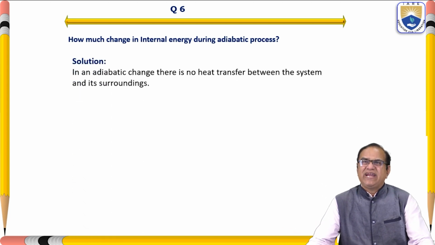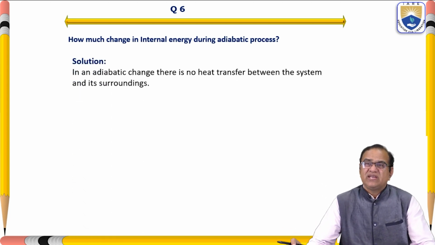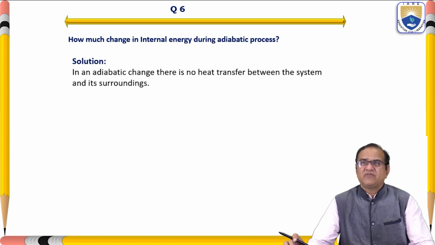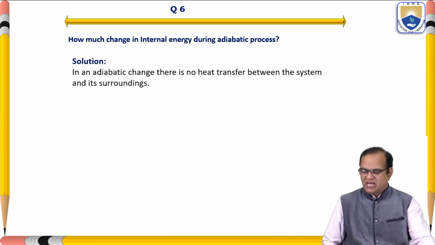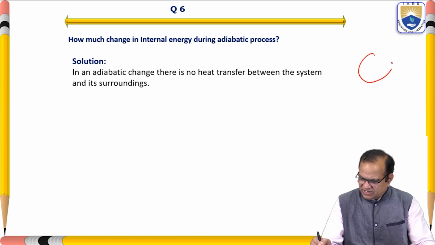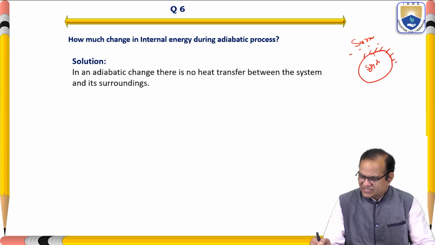So in an adiabatic change, there is no heat transfer between the system and its surrounding. If this is the system and this is the surrounding, it is like a sealed one, like your tea flask.